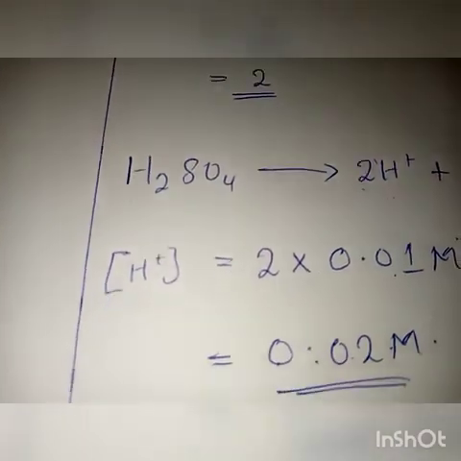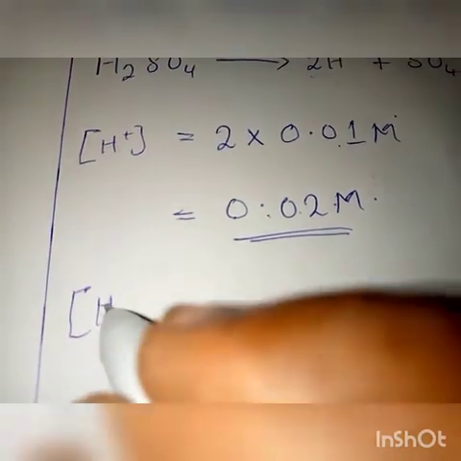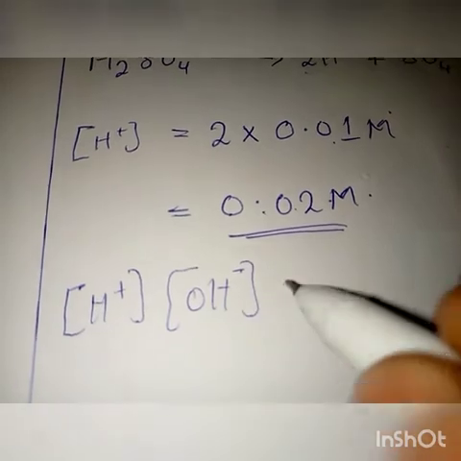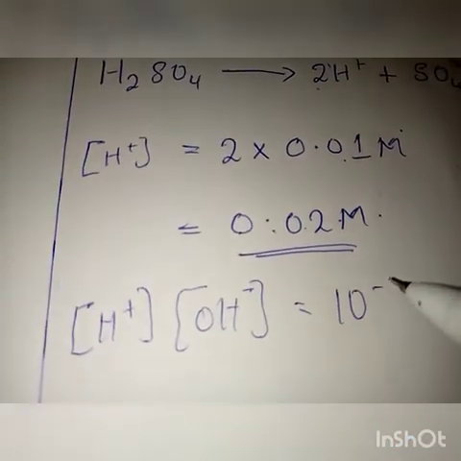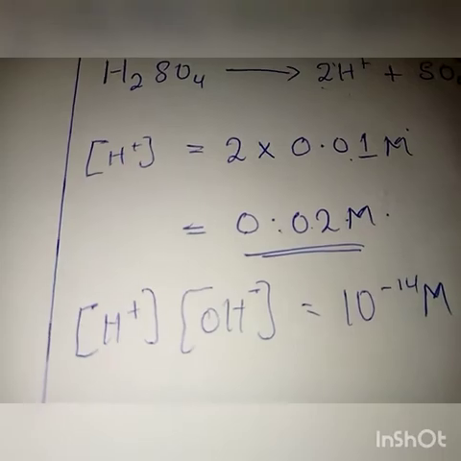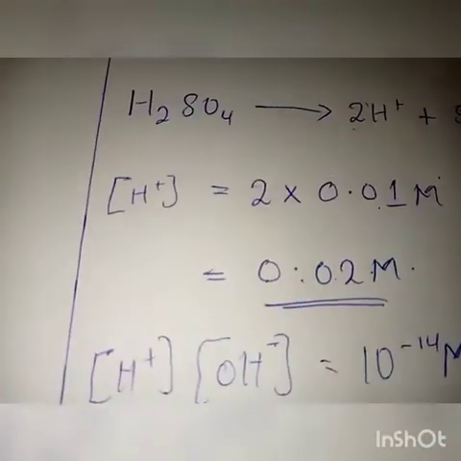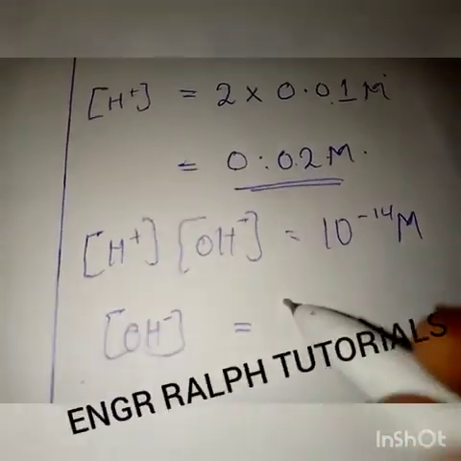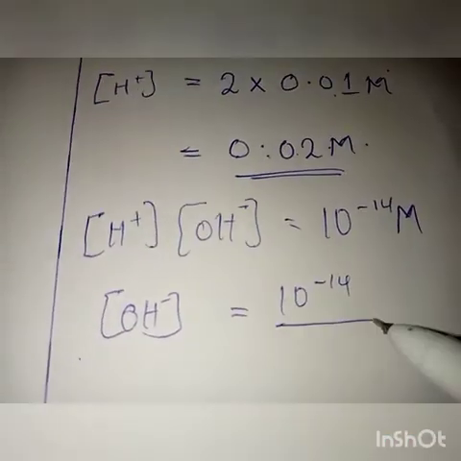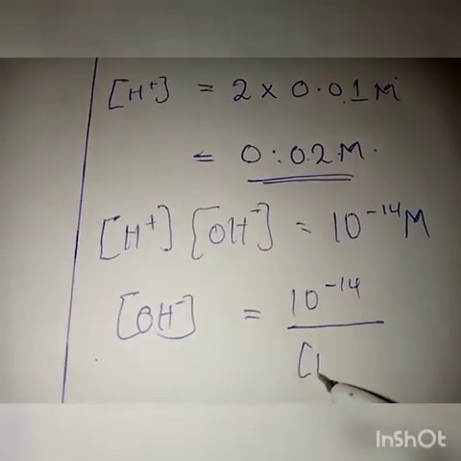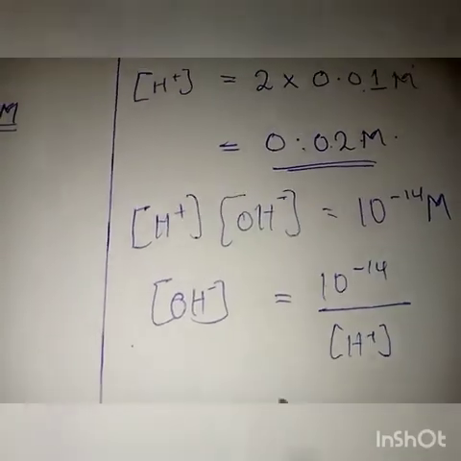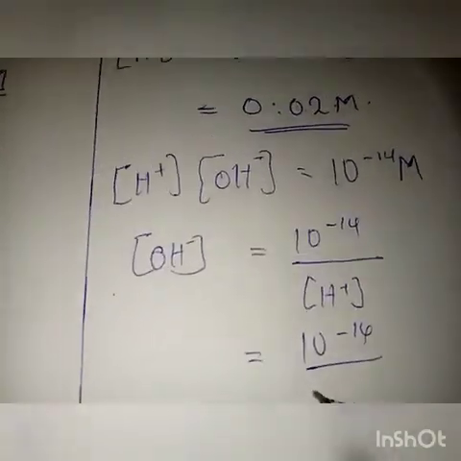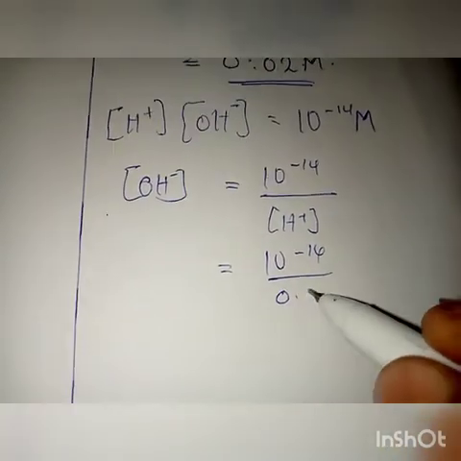So we use this relation: concentration of H plus times concentration of OH minus is equal to 10 raised to the power minus 14 molar squared. You apply it the way we applied the other one by saying concentration of OH minus will be equal to 10 raised to the power minus 14 divided by the concentration of hydrogen ion, which is 10 raised to the power minus 14 divided by 0.02.